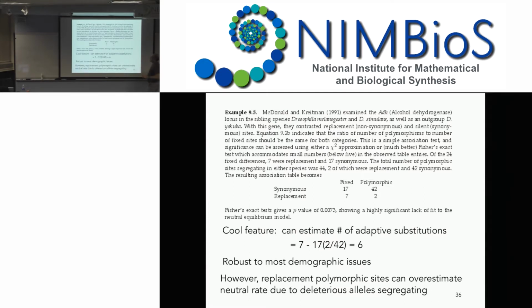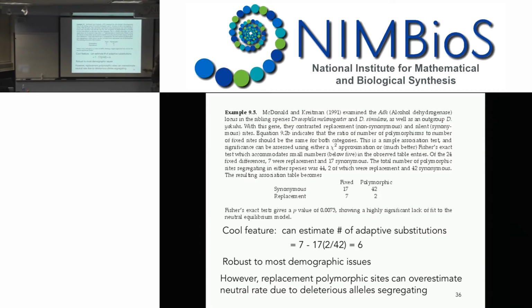So here's the data. In melanogaster, he saw 44 polymorphisms, 42 at synonymous sites, 2 at replacement sites. He looked at the difference between melanogaster and simulans and saw 24 fixed differences, 17 synonymous, 7 replacement. Well, if you look at that, that's a 20-to-1 ratio versus a little bit more than 2-to-1.